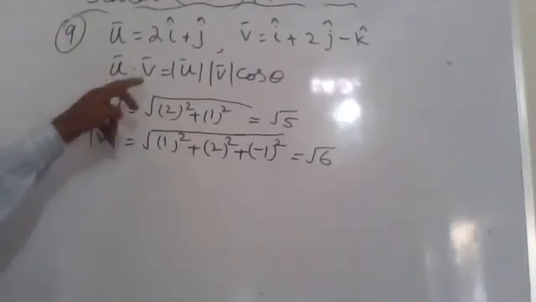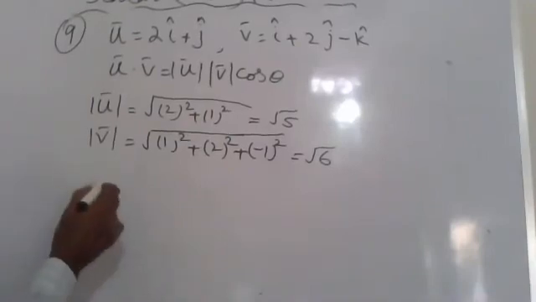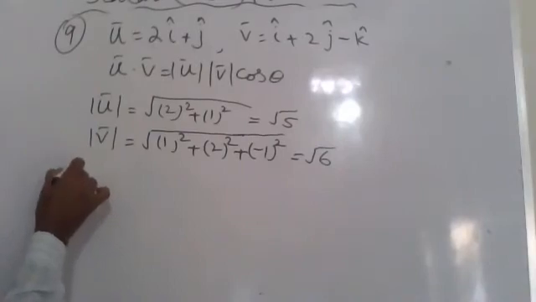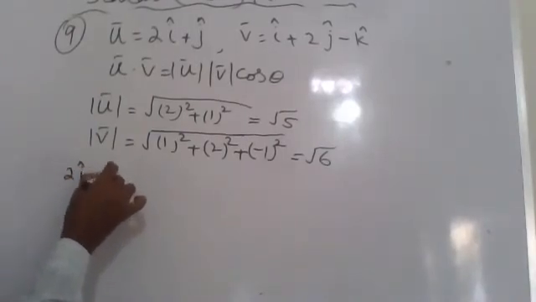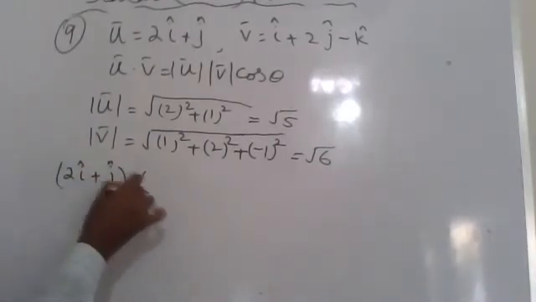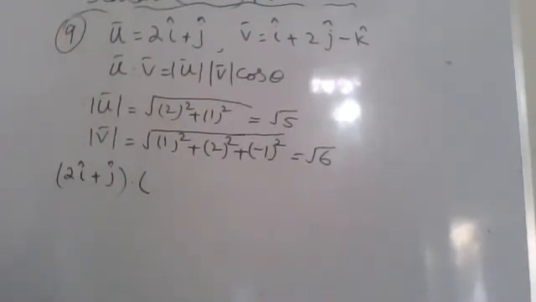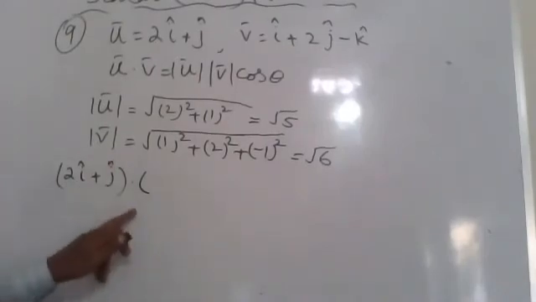Now we will find u dot v. u dot v will be equal to 2i plus j dot i plus 2j minus k. In between two vectors there must be a cross or dot. Don't leave without any sign.